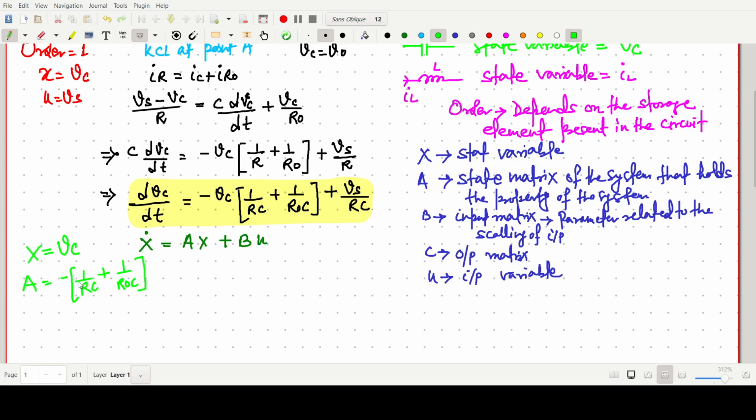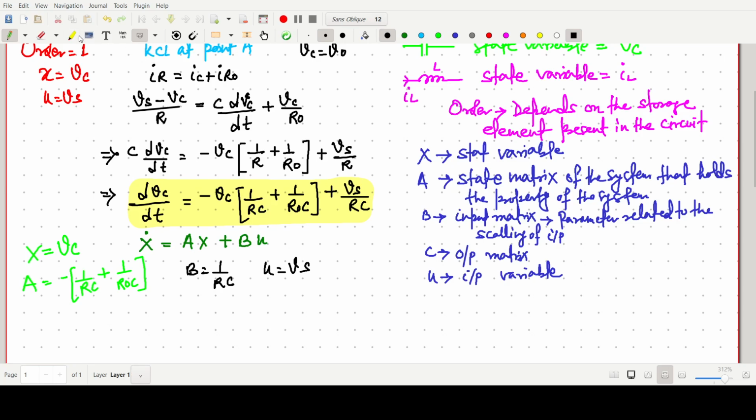So this was the A. Then what is the value of B? B is 1 by RC, and u is nothing but simply our Vs.